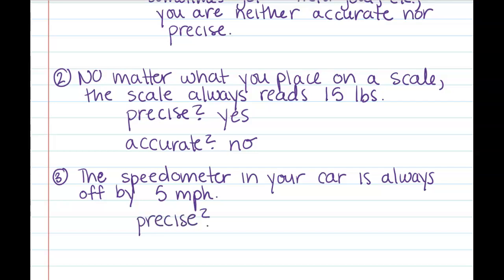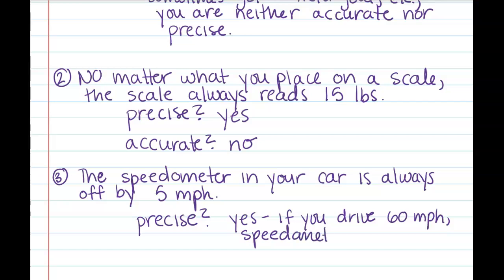This is slightly tricky, but yes, it is precise because if you drive 60 miles per hour, the speedometer will always say, let's say if it's 5 miles per hour above we're talking about, it's always going to say 65 miles per hour.